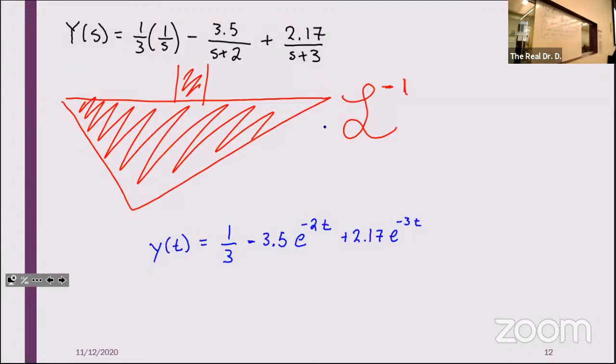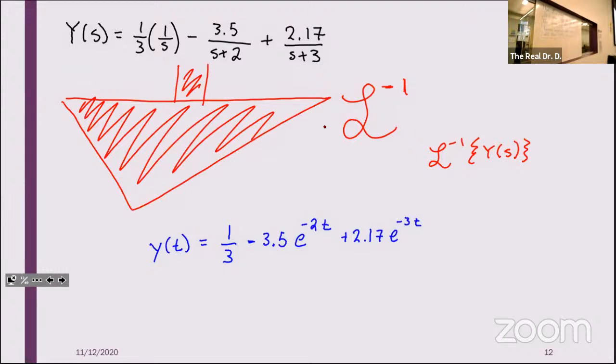So Kat's question: do you have to indicate in some way that you've taken the Laplace inverse? I did it that way so it would be obvious and apparent that we took the Laplace inverse. If you just wrote in your notes Laplace inverse of y of s.